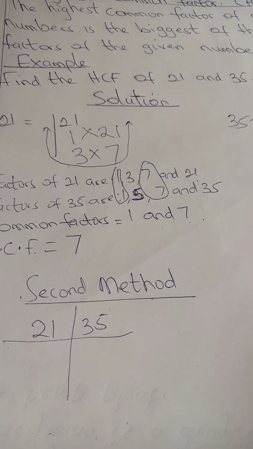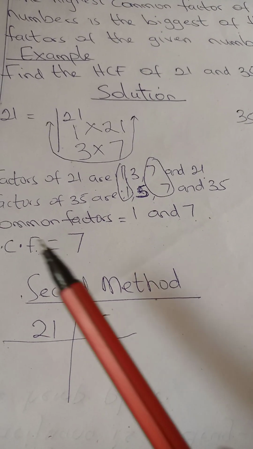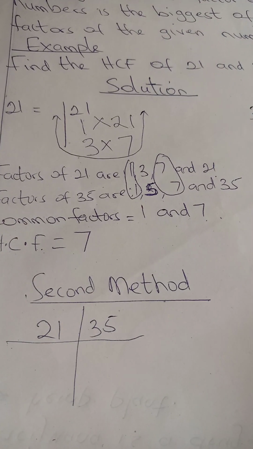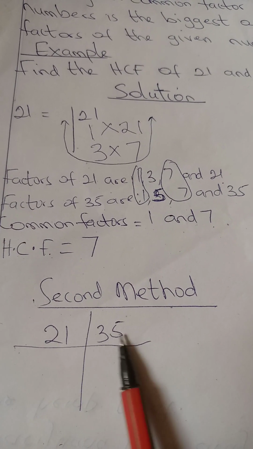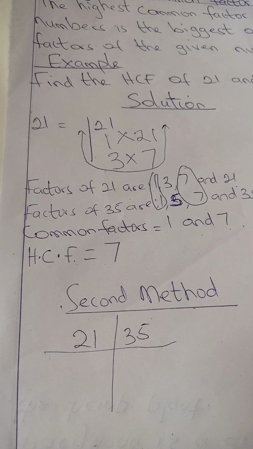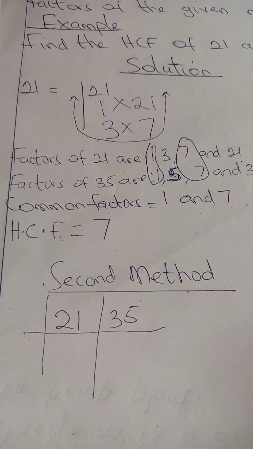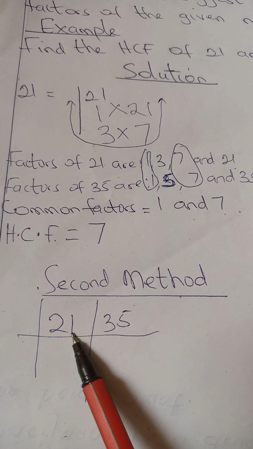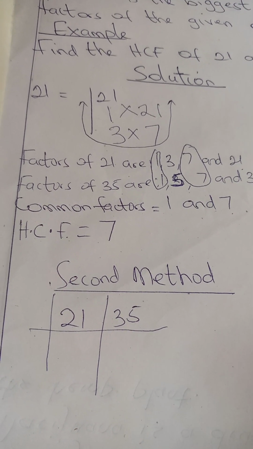And for the second method of getting the HCF, you look at these two numbers. You think of a number that can divide through both numbers without remaining. Now let's start from 2. 2 cannot divide through 21 and it cannot divide through 35.